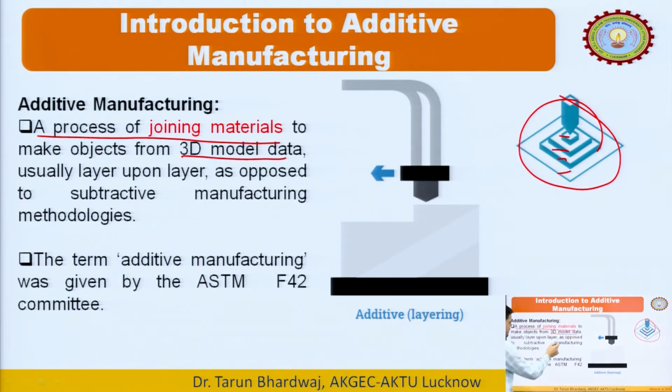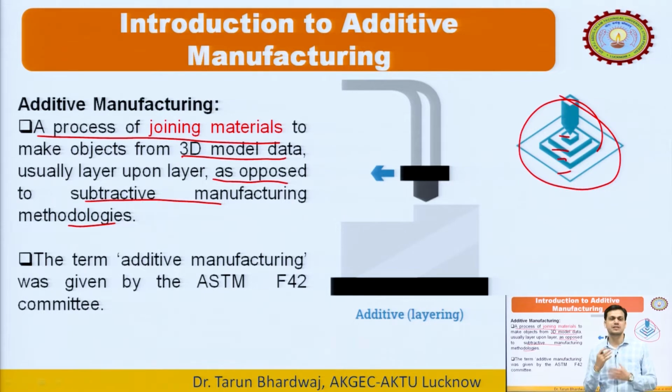It is opposed to subtractive manufacturing technologies, like CNC machining. If we want to create any object or product, we machine the specimen to get the desired shape.